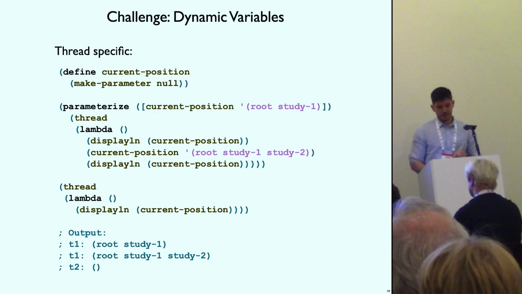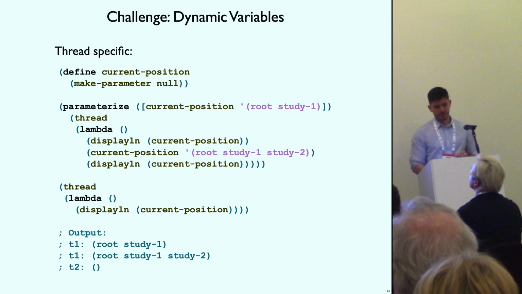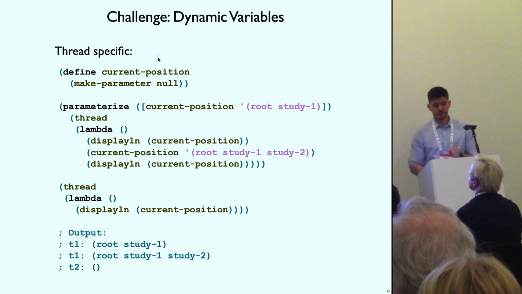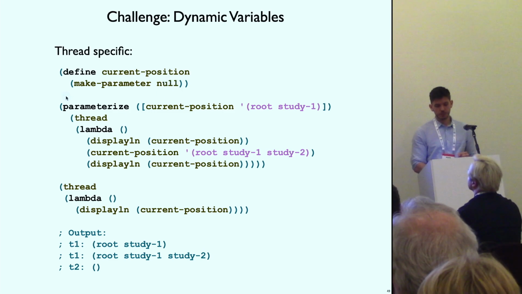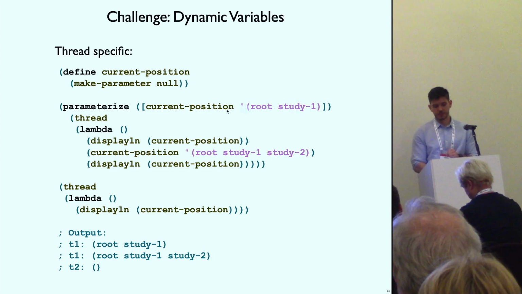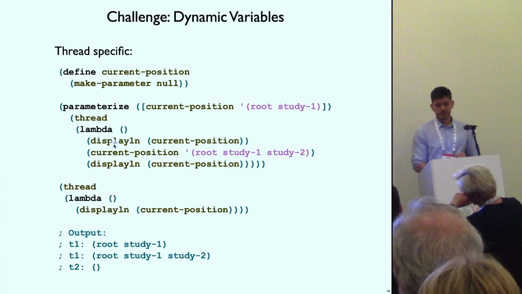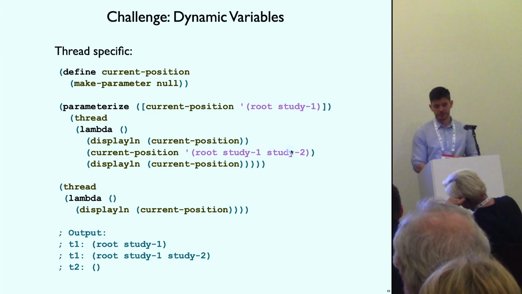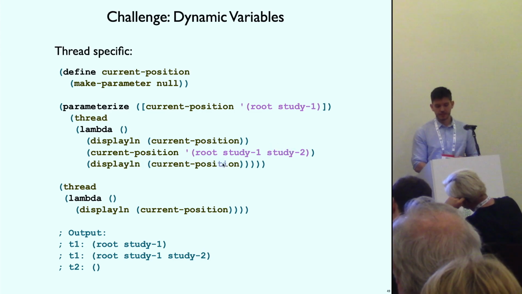in our next example, where we define a current-position parameter whose initial value is null. We parameterize current-position to root, to the list root study-1, launch a new thread, display the current position, then directly assign a new position, and then display that. And then separately, we have another thread that just displays the current position.